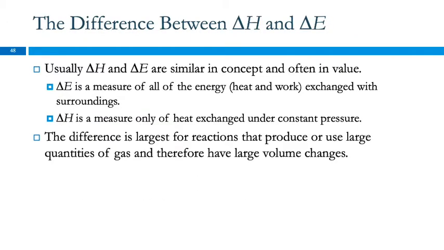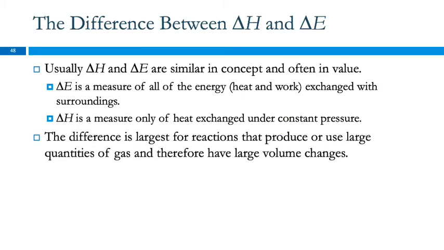What is the difference between these? Because it's confusing. They seem really similar, right? And they are very similar. They're similar in concept, and they are often similar in value as well. Delta E is a measure of all the energy, heat, and work that get exchanged with the surroundings. Delta H is a measure of only the heat exchanged under constant pressure.